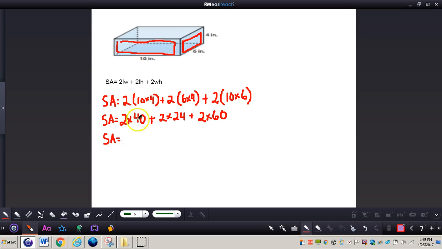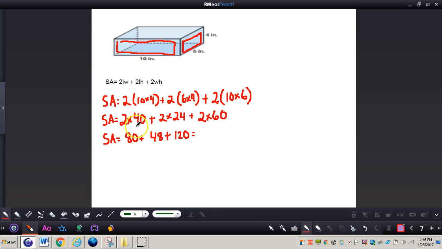So now we do 2 times 40 gives us 80. So what that does is that gives me the measurement of both front and back rectangle. 2 times 24 gives me 48. That gives me the area for the right and the left rectangle. And now 2 times 60 gives me the area of the top and bottom part of my rectangular prism.